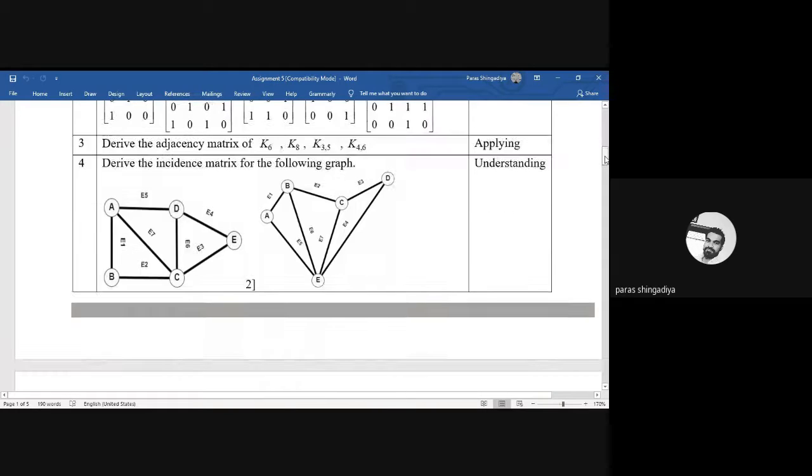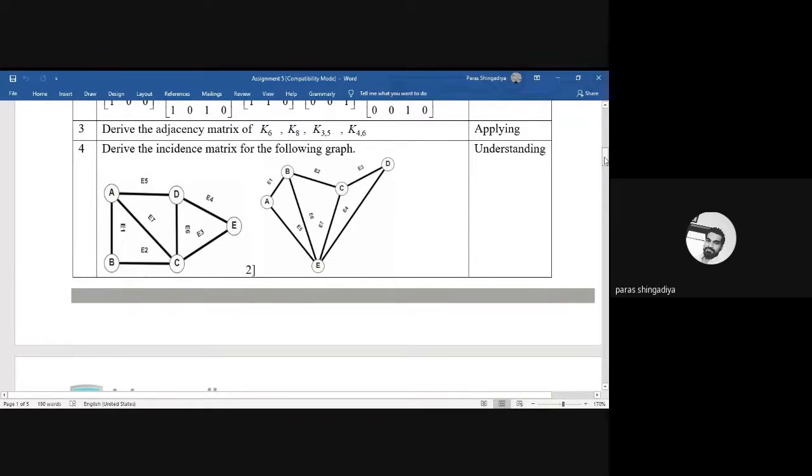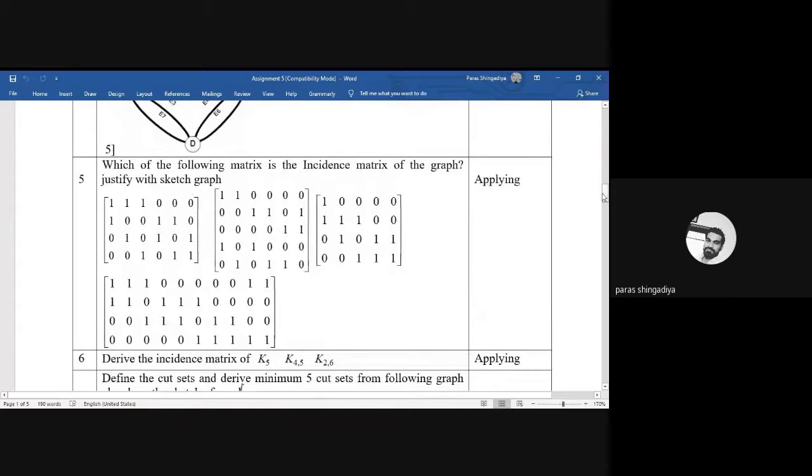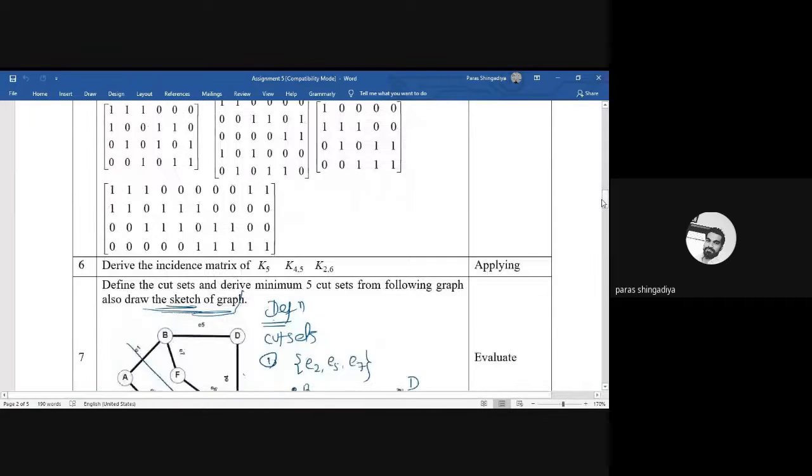Similarly the third one. In the fourth one, the concept of the incidence matrix: some graphs are given, and you have to create the incidence matrix. Then, given an incidence matrix, first verify it and then create the graph. The same questions are also asked for standard graphs: we check the incidence matrix for K5, K4, K2,6 and so on. So all of you have finished up to question number 6.